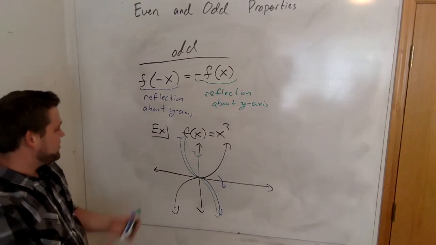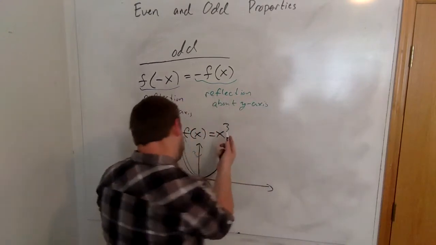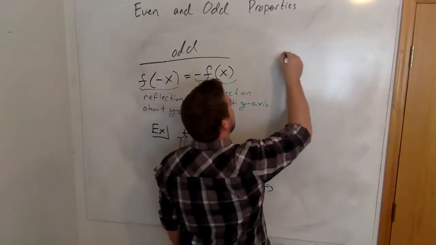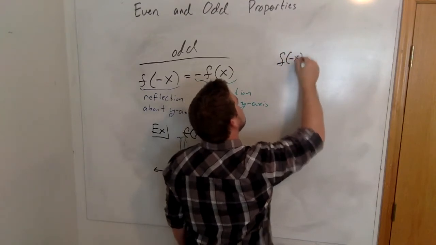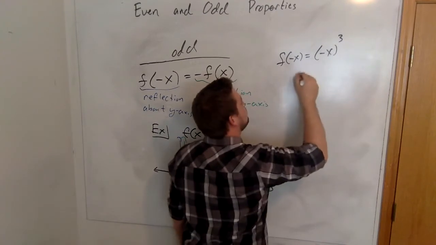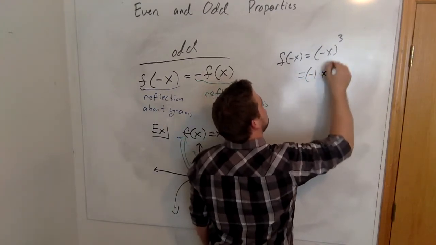Okay, if I want to show this a little bit more algebraically, how could I show that f of x equals x cubed is odd? Well, what happens when I replace x with a negative? Okay, if I want to show a lot of gory detail here, this is negative 1 times x, being cubed.